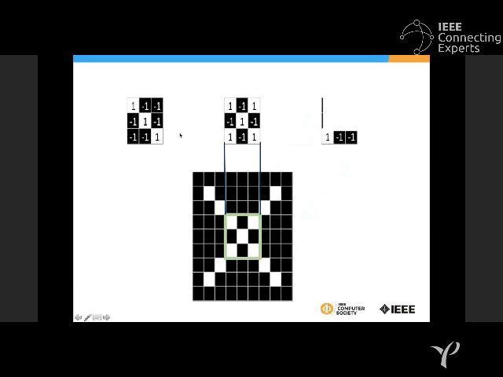Why? Because a filter amplifies its result, or gets the best result, when there is maximum overlap of the filter weights with the data. And we see that this filter has maximum overlap with this region. Similarly, this filter.